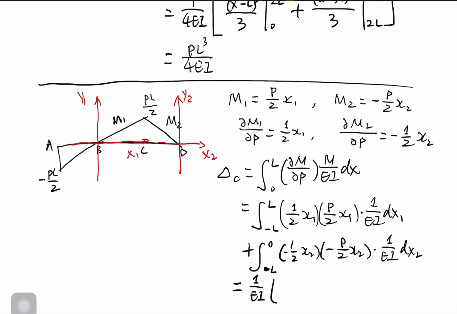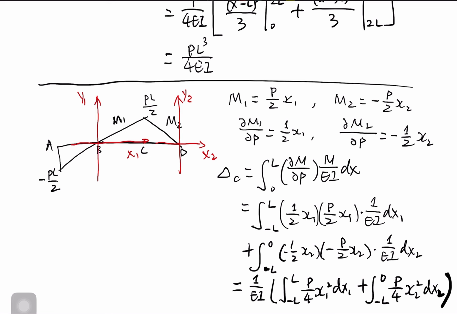So we can evaluate it: 1 over EI, P over 4 x1 squared dx1, from minus L to L, plus P over 4 x2 squared dx2, from minus L to 0. Okay, so this is the integral.